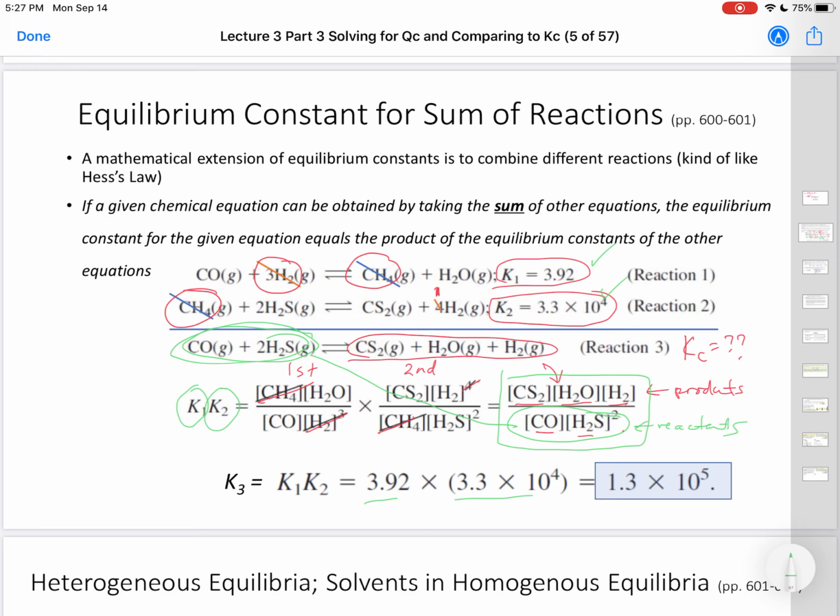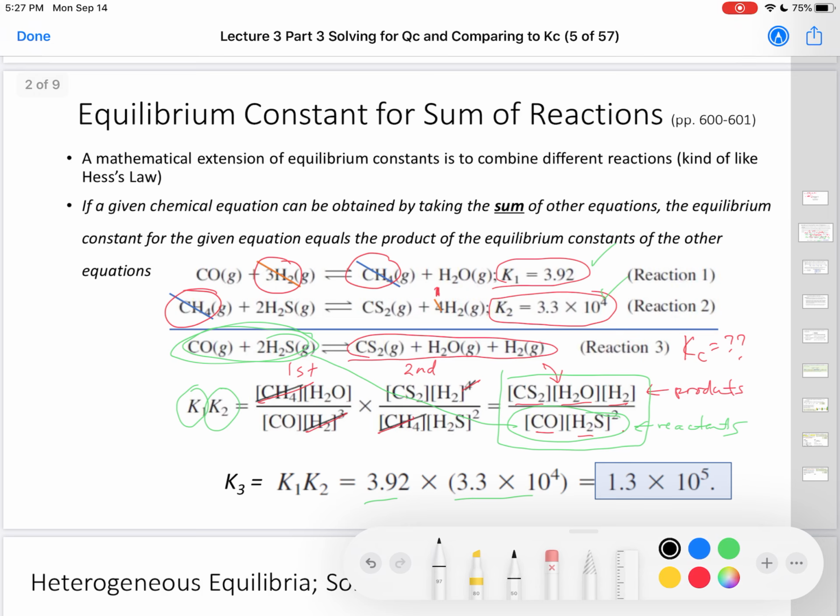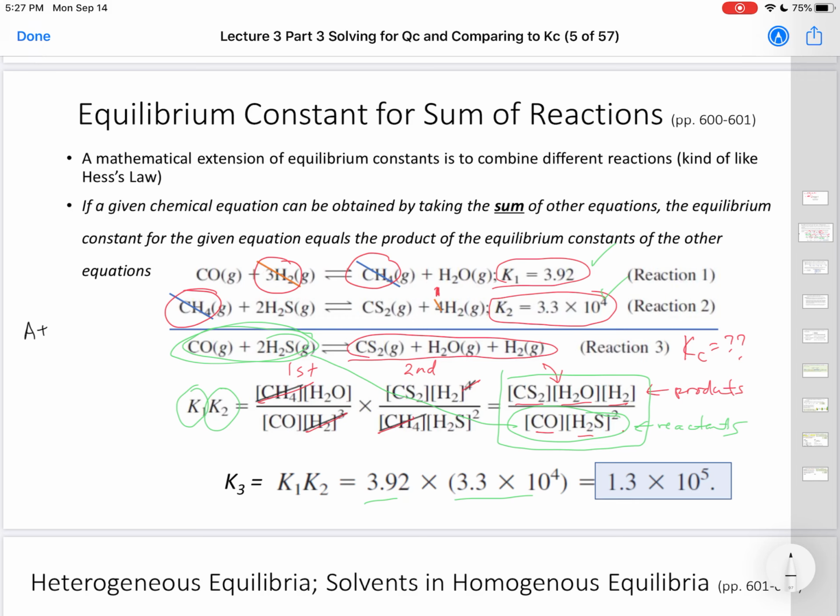Really, this is just a lot of words, but to sum it up, if we have A plus B gives you C, and then you have C plus A gives you D, your reaction intermediate is C. Let's say that Kc for the first reaction is 5, and the Kc for the second reaction is 2.